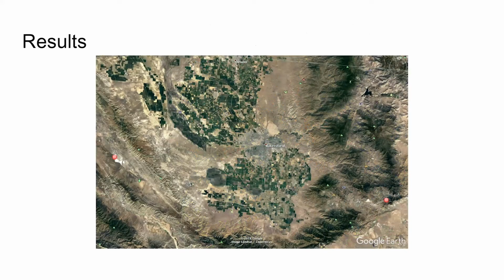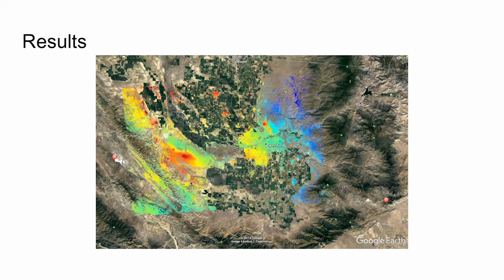Just looking at it overlaid on Google Maps, is that red area the oil field? Yeah, this whole hillside is actually a bunch of oil fields, and then this area north of Bakersfield as well. That's essentially what I got.